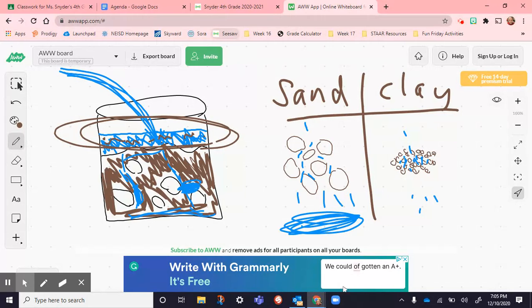Fourth grade teachers today had extended planning, so they were asked to continue working on things they needed to be ready for Friday when we turn all of our things in from the week. They had about another 45 minutes of asynchronous time where they could work on their things. And then they went to specials, and that was it.